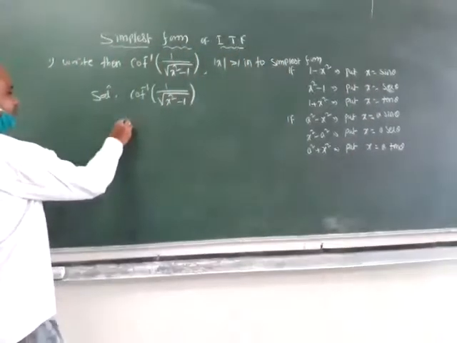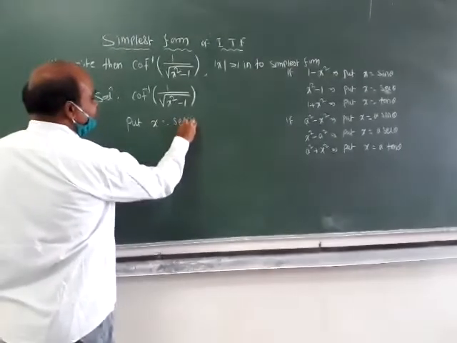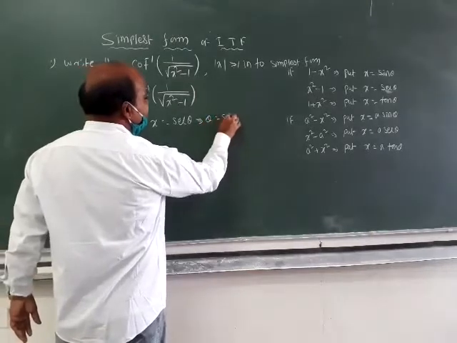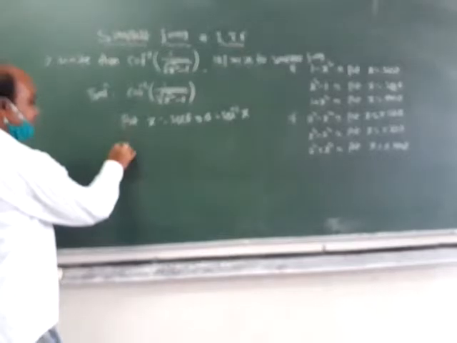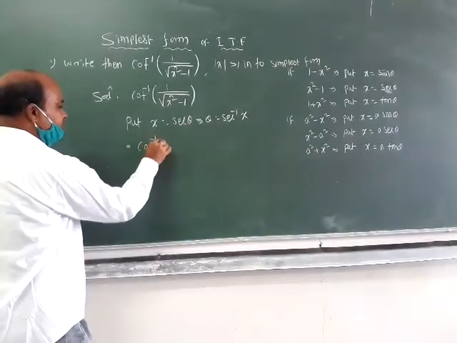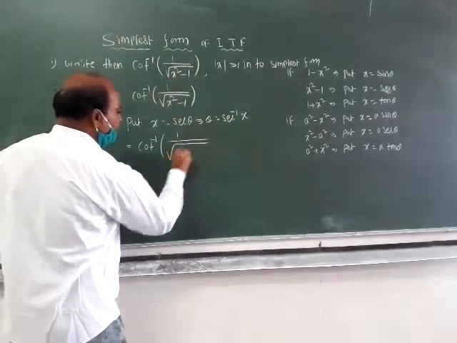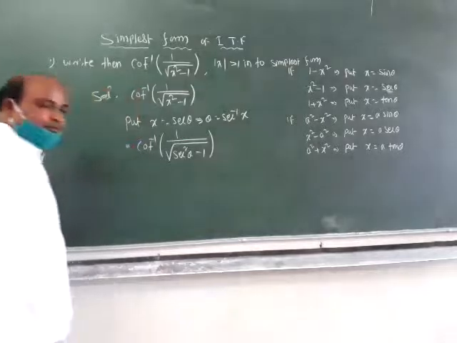When you solve the question, directly put x is equal to sec theta, which converts to the inverse trigonometric function theta is equal to sec inverse x. So that is cot inverse of 1 upon under root of secant square theta minus 1.